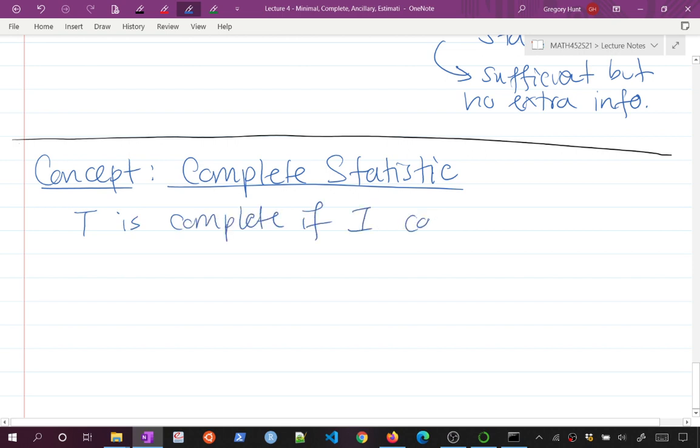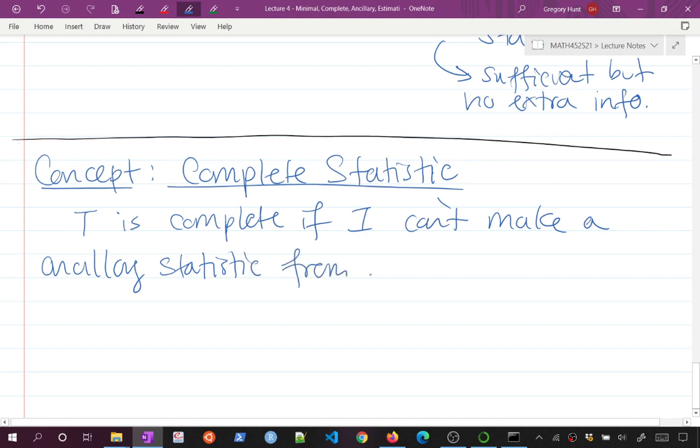But a complete sufficient statistic basically means, let's say T is complete if I can't make an ancillary statistic from T. So a statistic is basically complete if there is no way to make a statistic from T that doesn't contain information about the parameter.